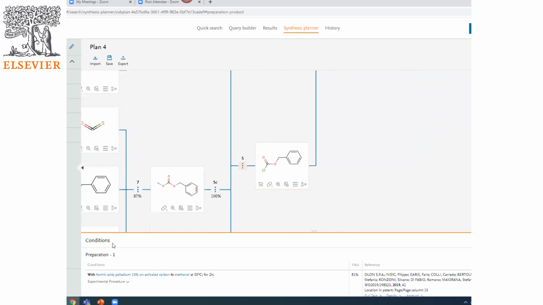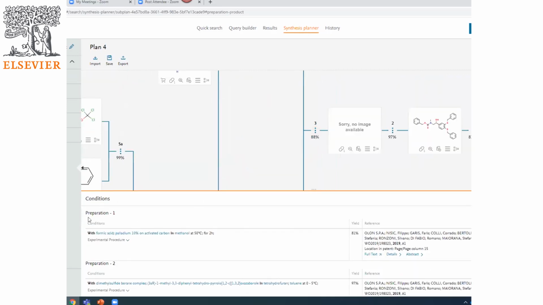And all of these steps are available with conditions. So down here, you can see the conditions. Step 1 over there, step 2 over there.